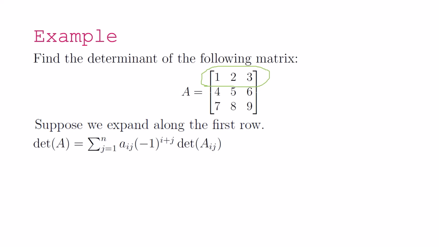I'm going to leave the formula for finding the determinant of an n by n matrix here just for your reference. So we'll just plug in the numbers in our matrix into our formula.